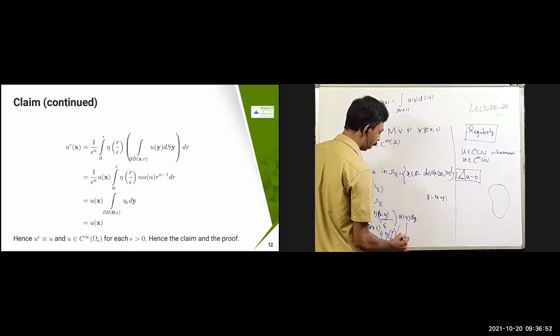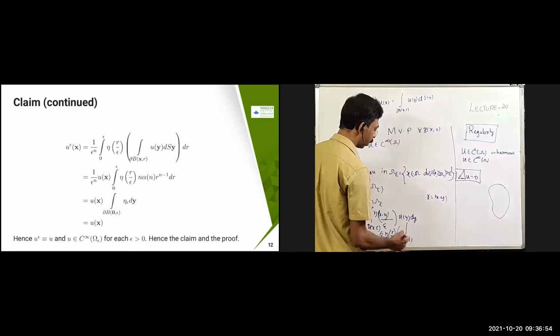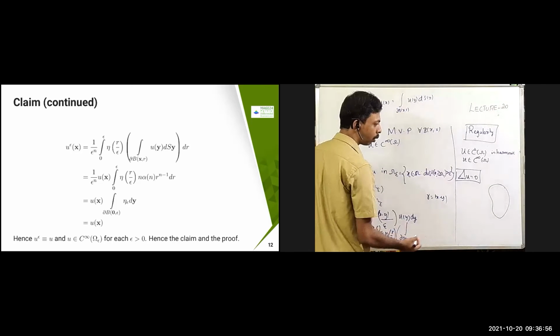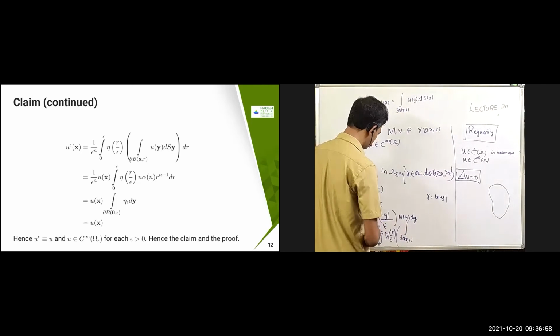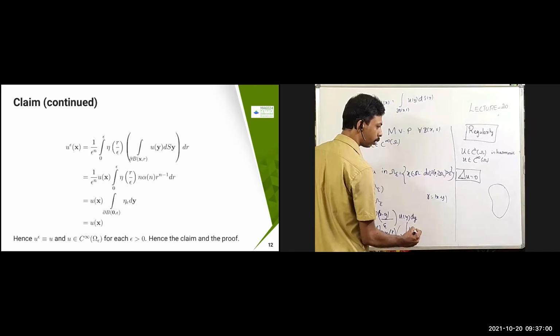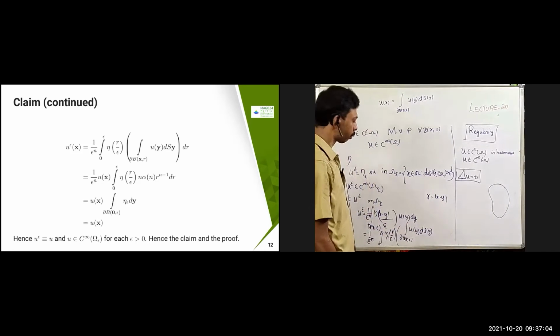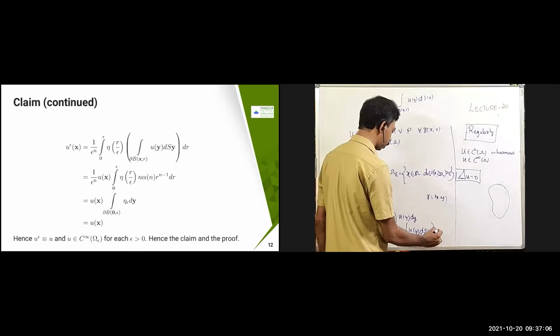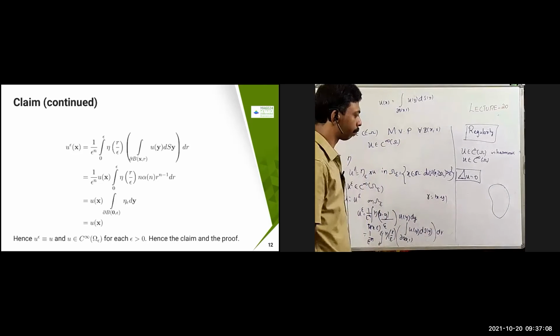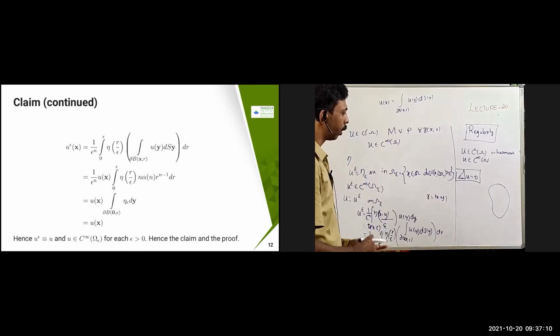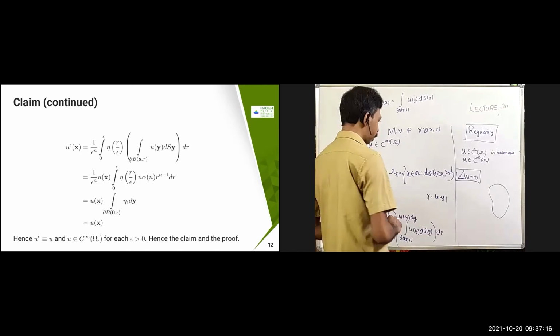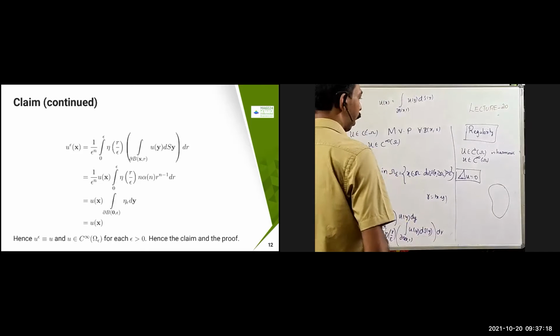So integral dou b of x comma r. This is the dummy variable, I can put it. So that is going to become u of y into dsy into dr. This dr is for this one. So this one I'm just going to write as follows.